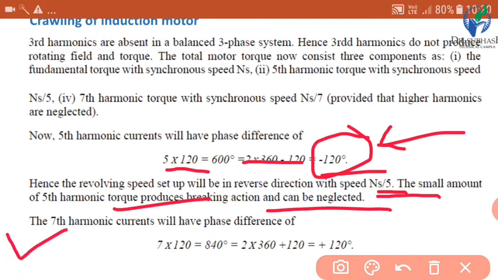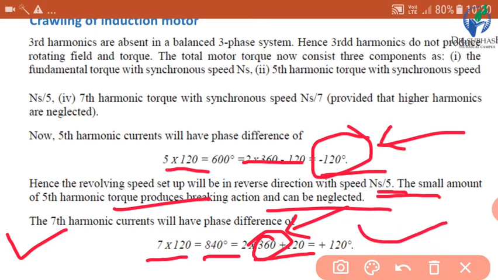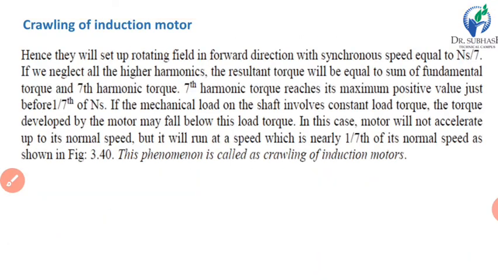The seventh harmonic current will have a phase difference of 7 into 120. It means it is 840 degrees. If we rearrange this, we can say that it is 2 into 360 plus 120 degrees. In this case we have plus 120 degrees, since 360 is equal to 0 degrees, so the answer will be plus 120 degrees.